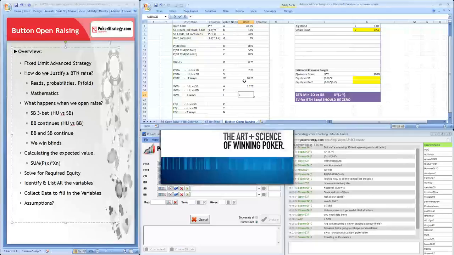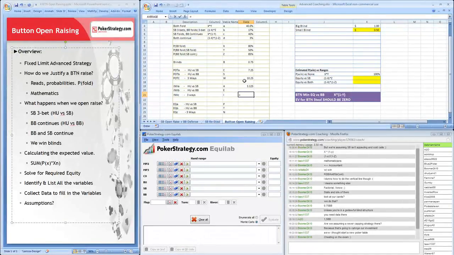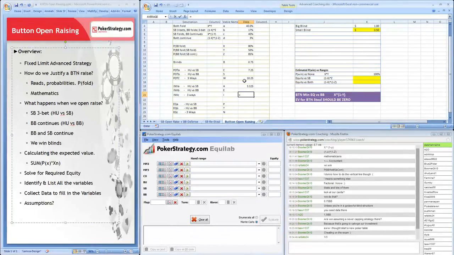So if we want to work out the average investment in a 3-way pot, what would it be? Any ideas here? Yeah, Raf's got it, exactly. It'd be 1/3 of the average pot size, so we take the average pot divided by 3.